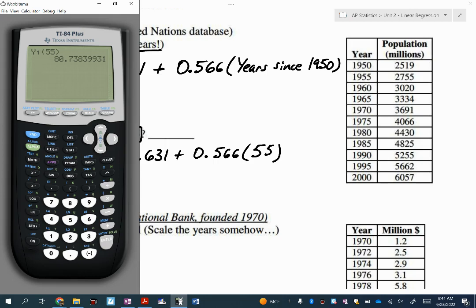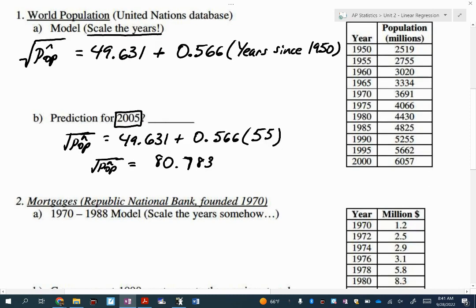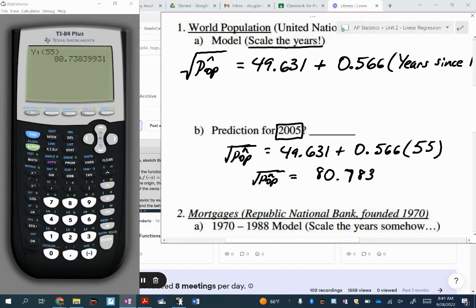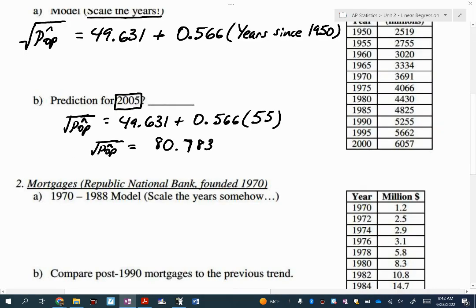So what I want to make sure you understand is that this is equal to the square root of our predicted population. So it's 80.738 is the prediction for the square root of it. I don't want the square root of it. So go back to your days in algebra. I am going to use my algebra knowledge to square both sides.